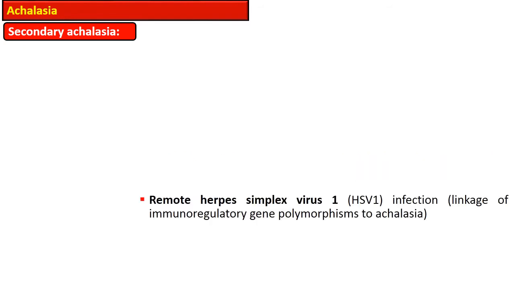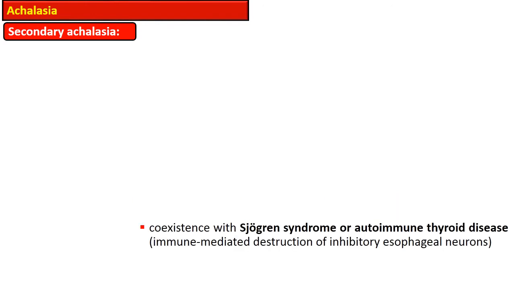Remote herpes simplex virus infection is also a cause of secondary achalasia, and it is due to linkage of immunoregulatory gene polymorphism to achalasia.